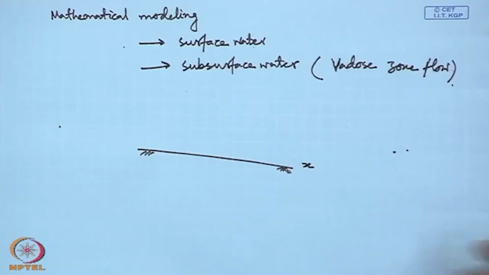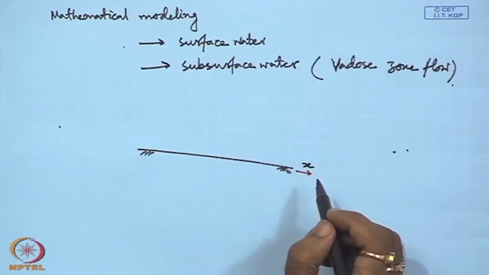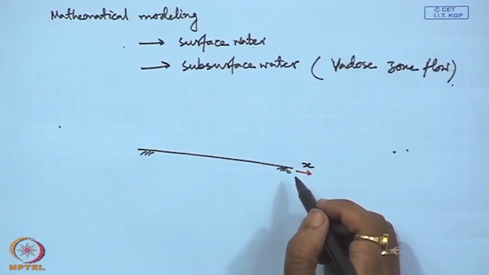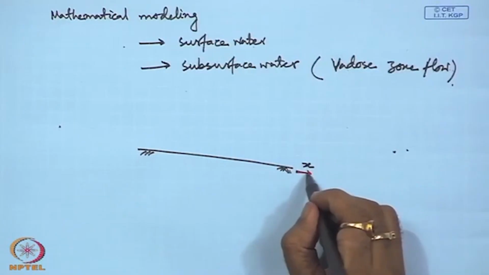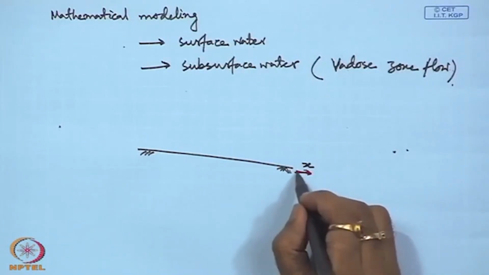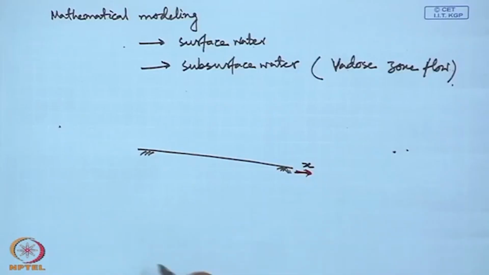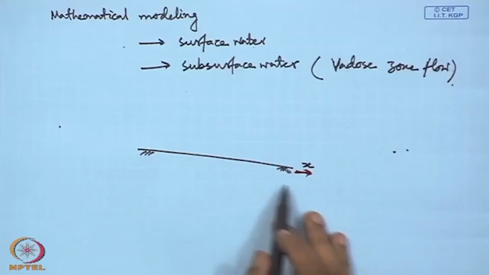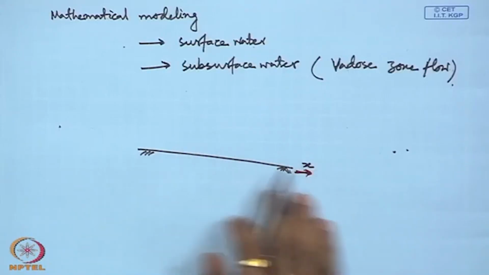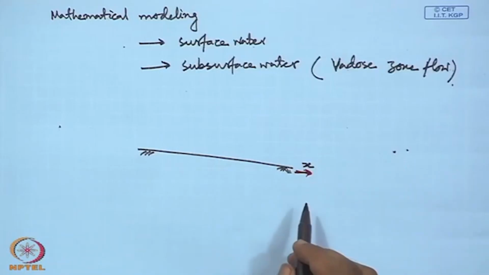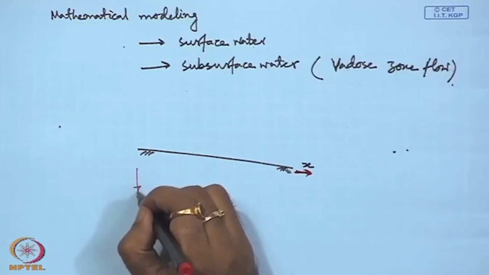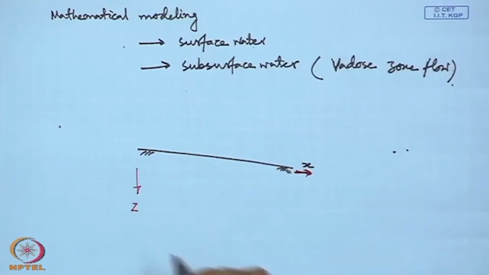So, let us say this is x direction, which is one dimensional, and in the same direction of our bed slope, and we have vertical direction is z direction.